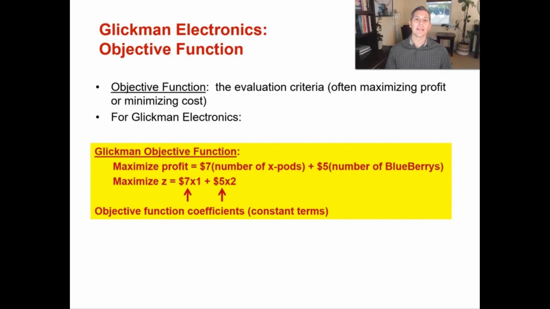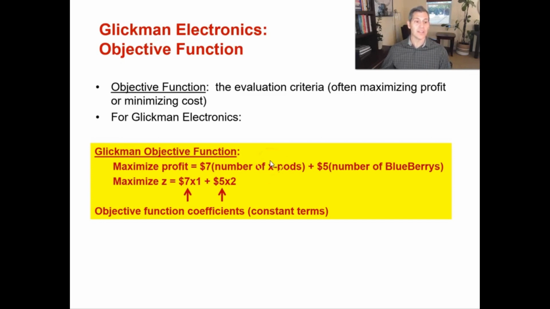So for Glickman Electronics, our profit is $7 per XPod and $5 per blueberry. So our objective function formula is to maximize Z, given our 2 objective function coefficients, which are our constant terms: $7 worth of profit for every XPod, that is not 7 multiplied by 1.